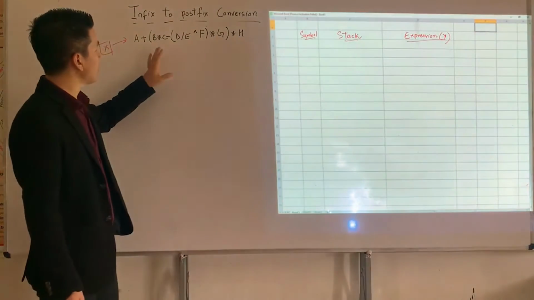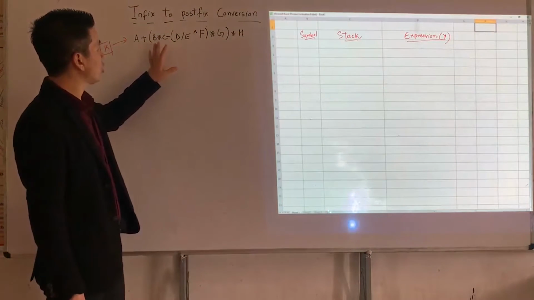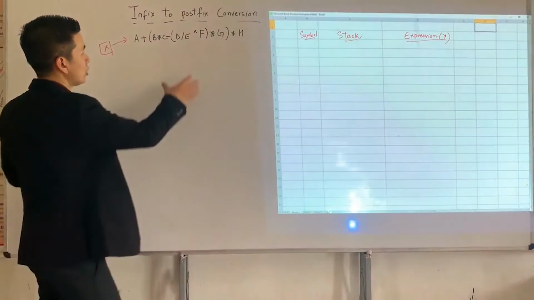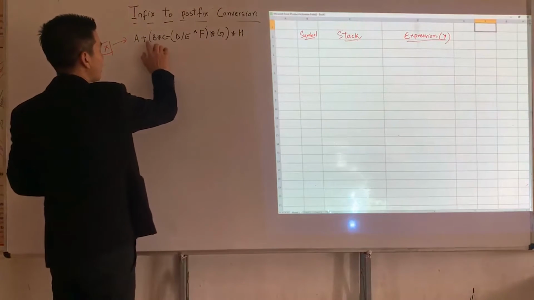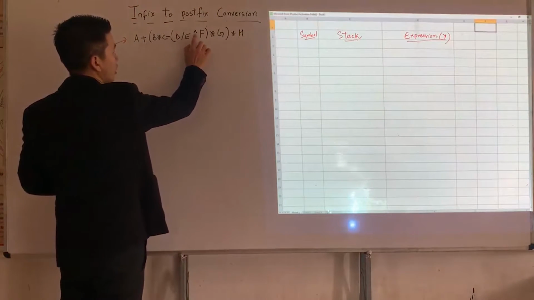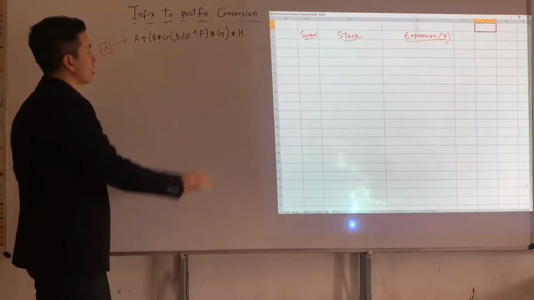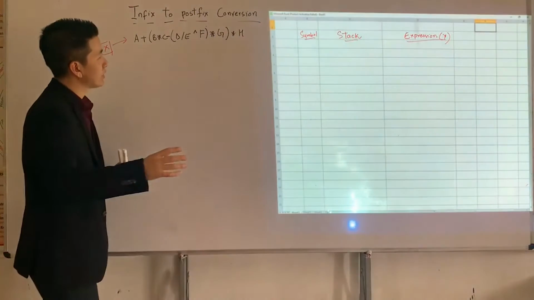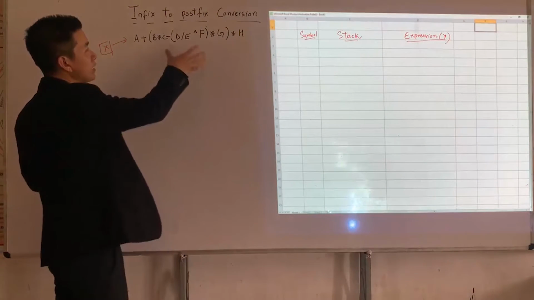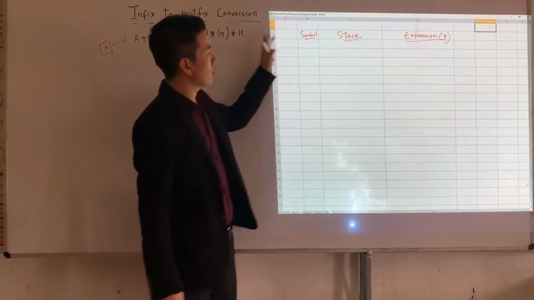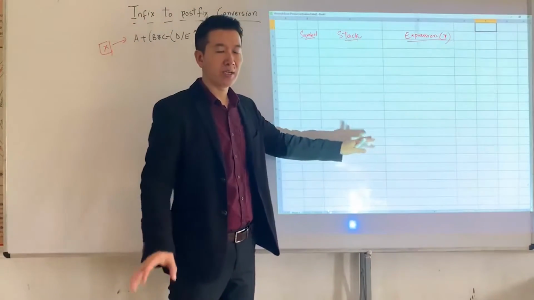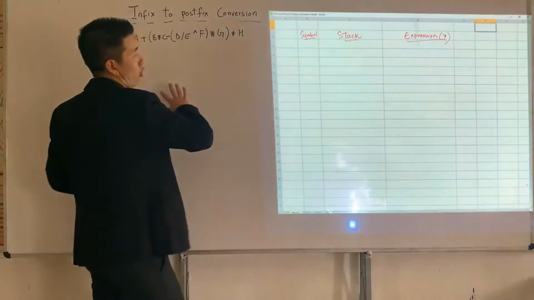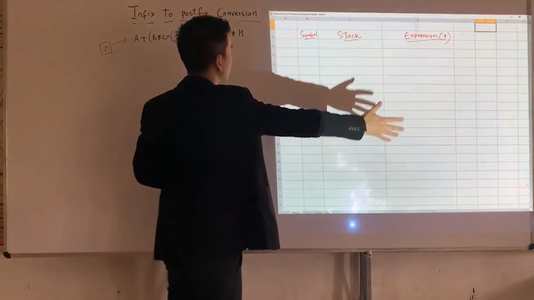If it were to be the operators or the parentheses, so you'll have either the operator like plus, multiplication, division, exponentiation, or the symbols could be the braces. Okay, if the symbol or the element were to be these two, then you'll have to push it onto the stack. Simple so far. All the operands will have to be added to the expression.